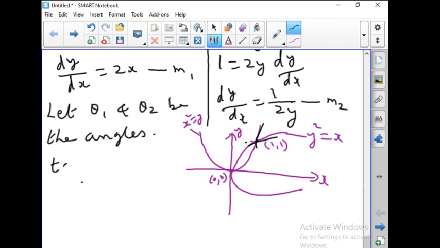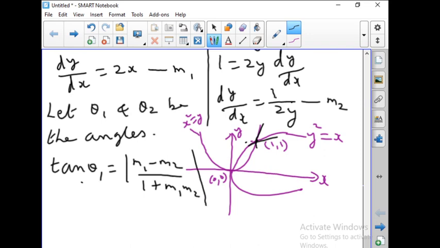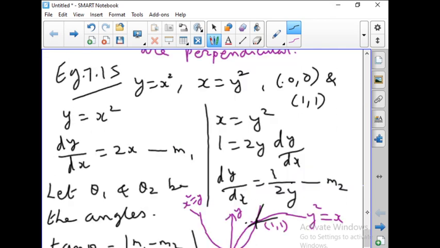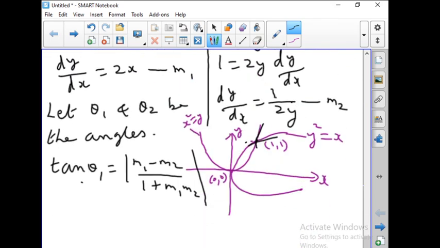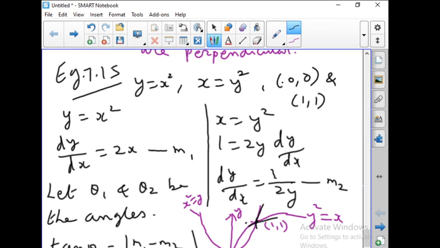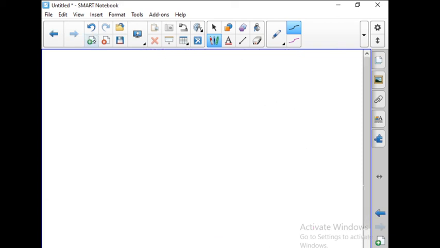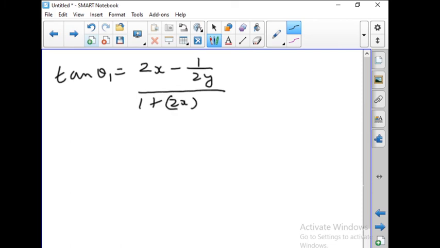So what about tan theta 1? Tan theta 1 is equal to modulus of (m1 minus m2) by (1 plus m1 m2). We have to substitute now. So tan theta 1 is equal to modulus of (2x minus 1 by 2y) by (1 plus 2x into 1 by 2y).